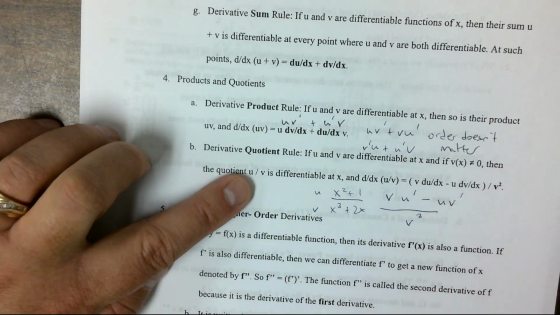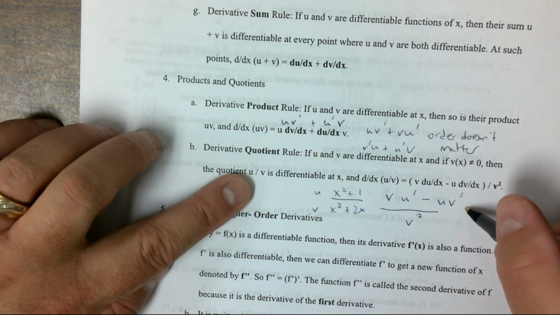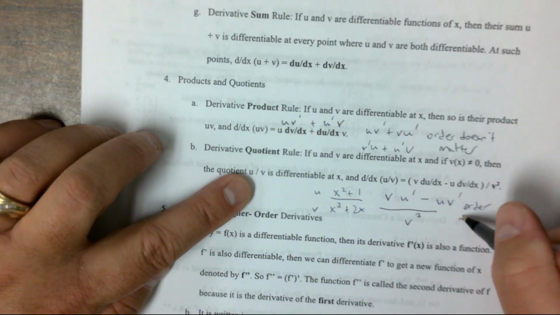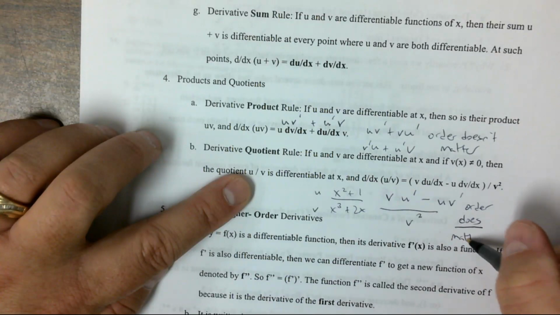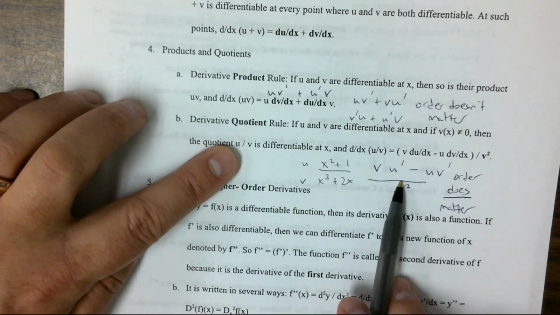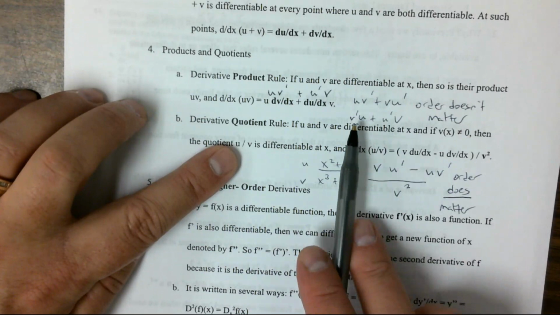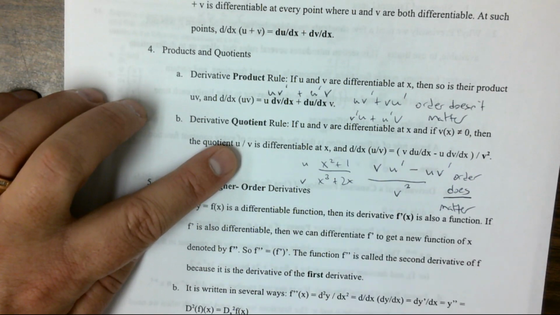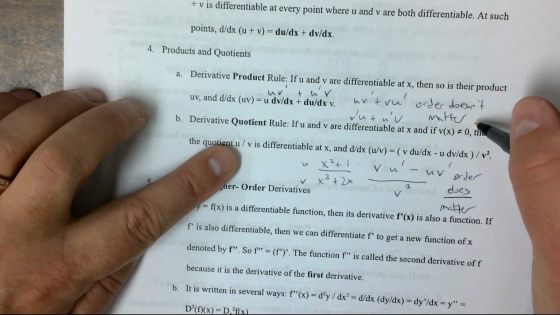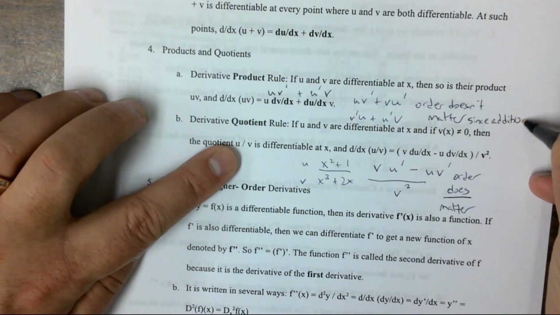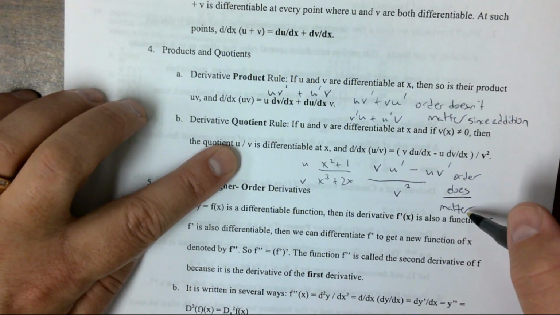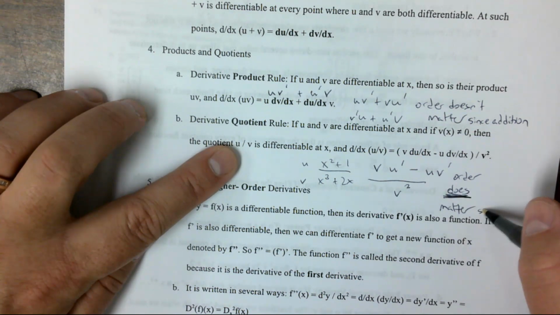So whenever we use the quotient rule, order does matter, because it's subtraction, it's not addition. So the top one was order doesn't matter since it's addition. And this one, order does matter since it's subtraction.